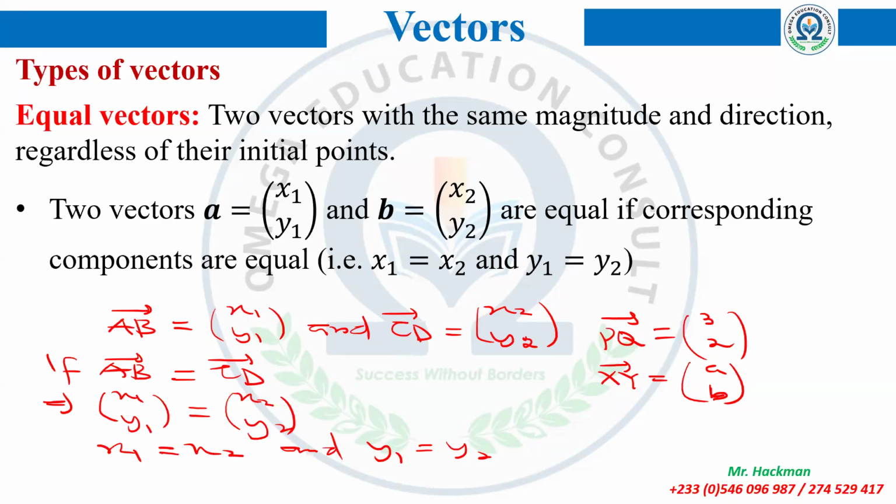I said if you want to use basically the definition, let me put it this way: if vector PQ is equal to vector XY, this implies that vector PQ, which is 3, 2, should be equal to vector XY, which is A, B. So at this point, we know that A should be equal to 3 and B should be equal to 2.